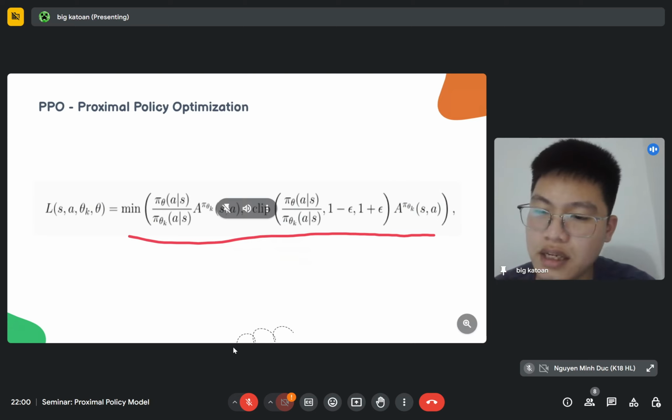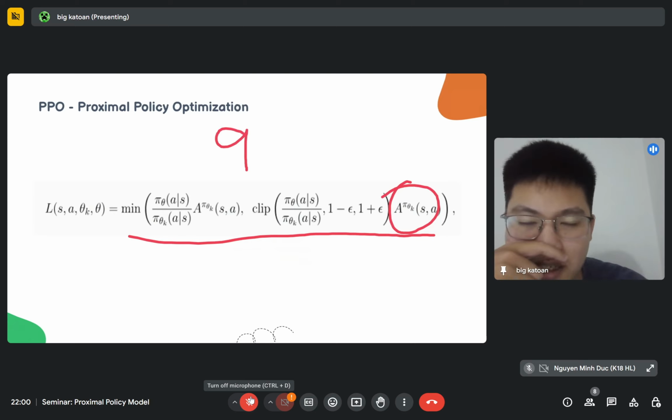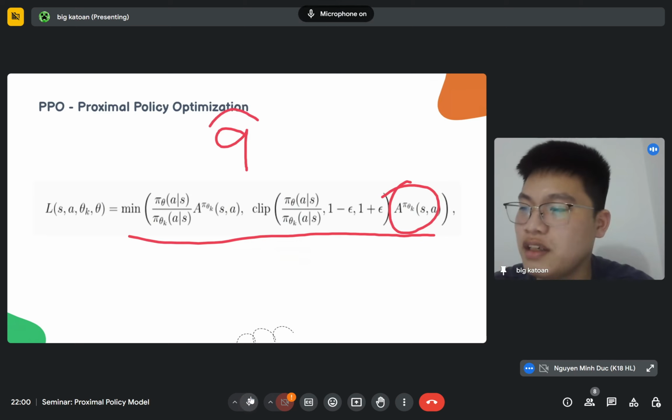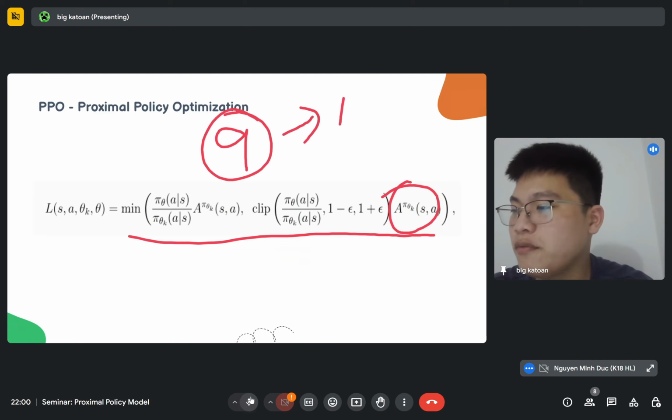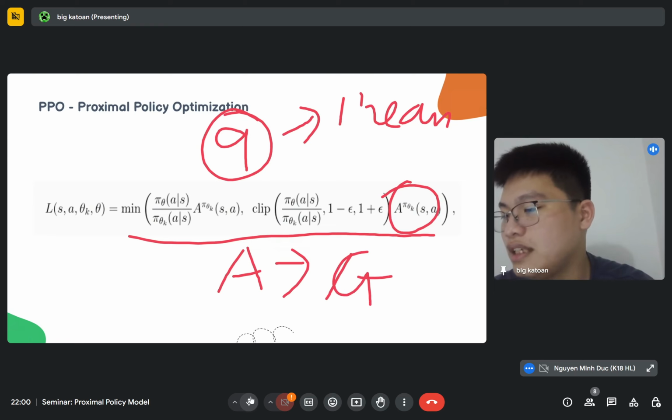So we need to understand that the advantage in PPO is a different term from Q in DDPG. Q is for the mean, right? And A is for the advantage in the future. So it's like G_t.